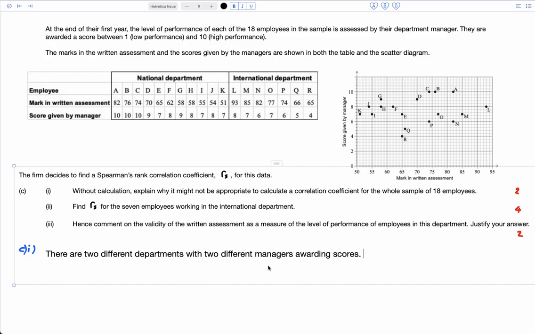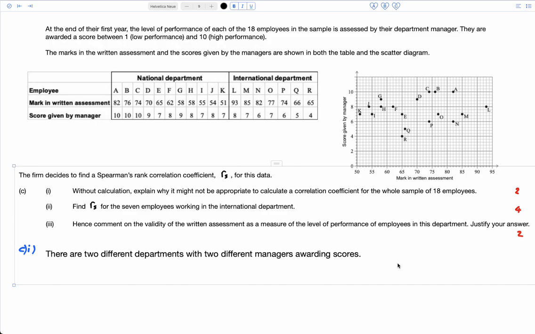Who knows what's going on, but it might not be a good idea because look, these guys' scores are actually way lower than these guys' scores. These are like 10, 10, 9, 7, 8, 9, 8, and this is like there's only 1 8. There's no 9s, no 10s, and then a 4 and a 5 as well. So these guys' scores are way lower, even though their mark in the written assessment is actually higher.